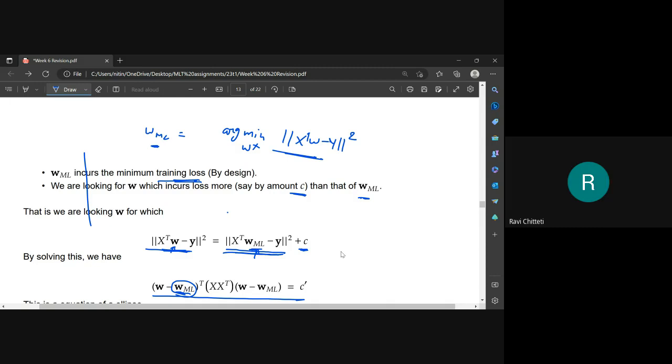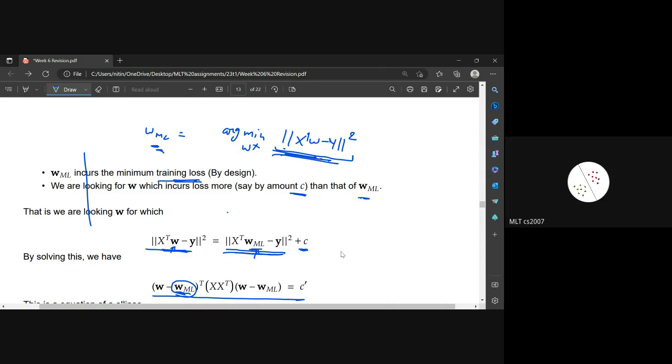I think that is where I'm stuck. So how do we find WML? Maximum likelihood. So WML we found using this optimization problem, where we try to minimize this thing, right? We look for the W which minimizes this. It means that this WML is the W which has the minimum training loss. So any other W other than WML will incur more loss than WML.